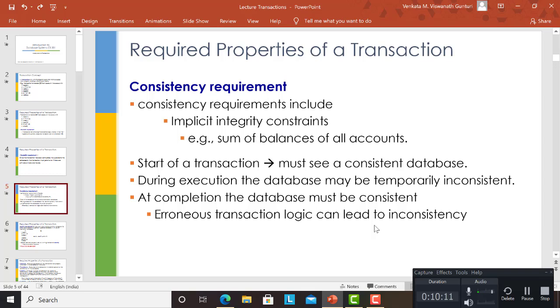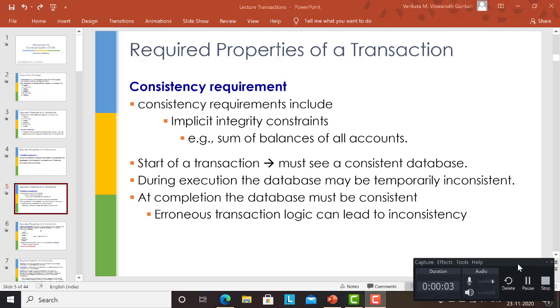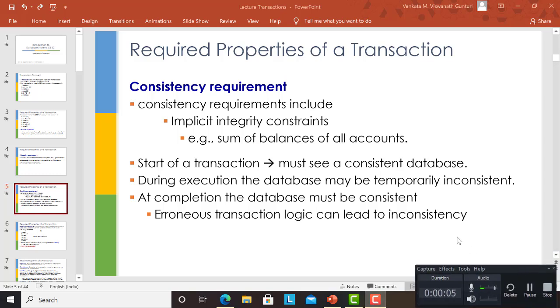That is not good. In summary, the consistency requirement states that whenever we are coding transactions, we have to be a good programmer, and we should not have erroneous logic in our transactions.